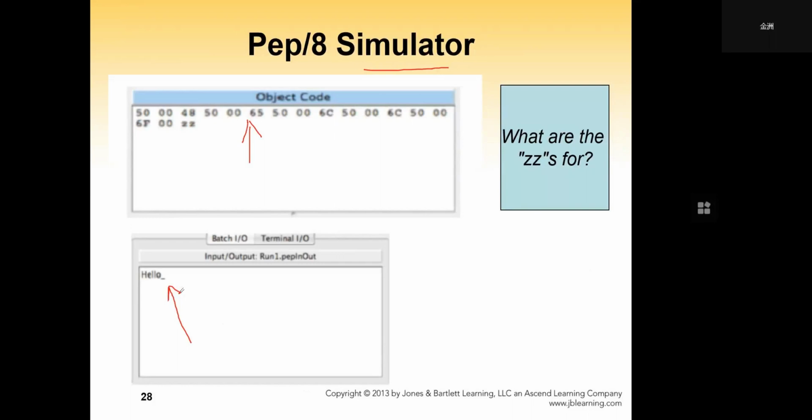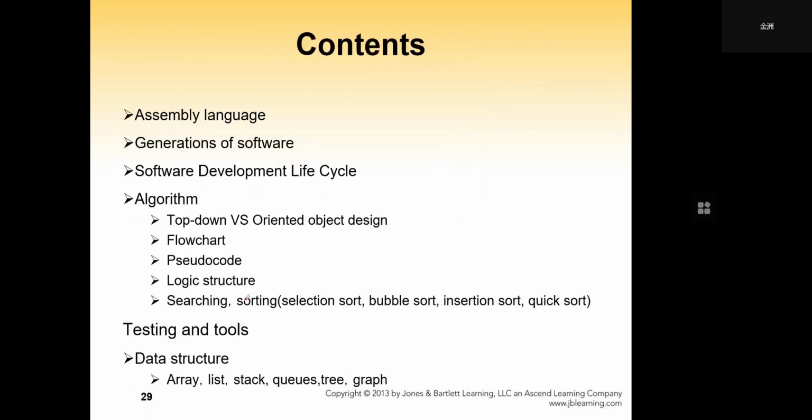You can search the internet for such a Pep/8 simulator. You input the binary machine language strings to represent, for example, hello or your name or anything you want the computer to output, and it will show the output when the instructions are executed. So that's about the machine language.